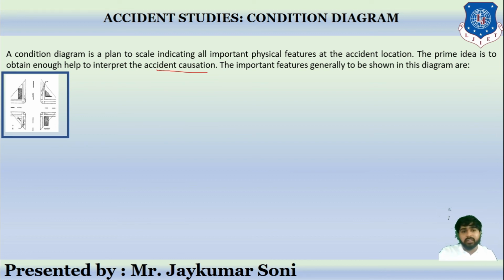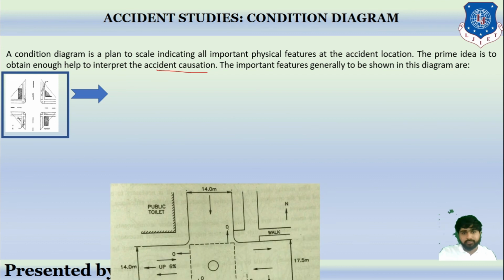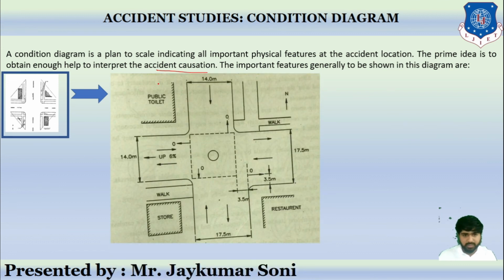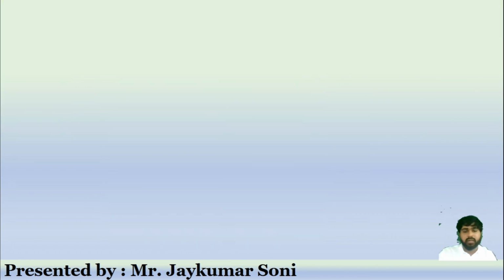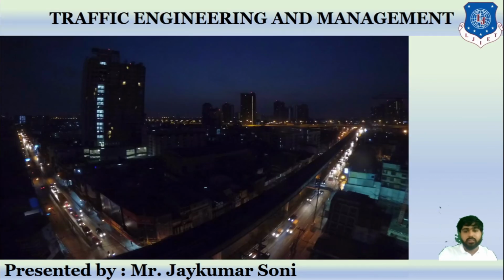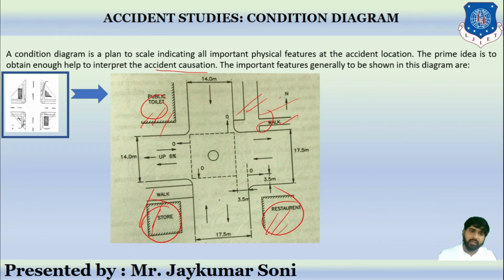The important features are like this. See, you can see this is the store, this is the restaurant, this is the walkway, this is the public toilet. Here the vehicle movements are not indicated. Here the physical features are indicated, that is, what features are available at the roadside. So this is about the whole condition diagram.